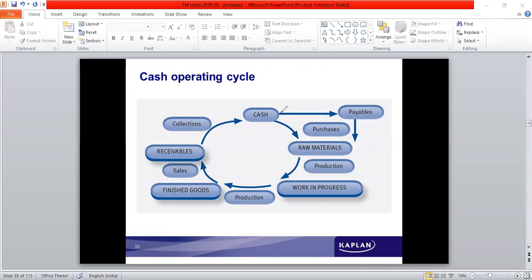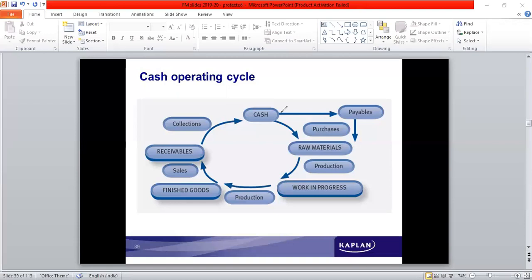There is a benefit here if the material is purchased on credit basis. The way the business sells goods on credit basis to the customers, so also the suppliers provide the material on credit basis.